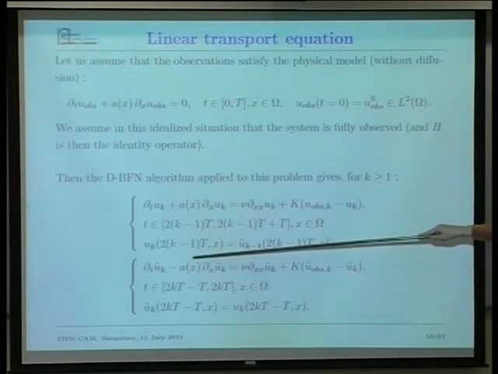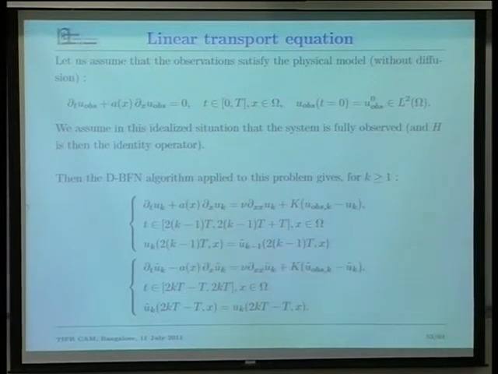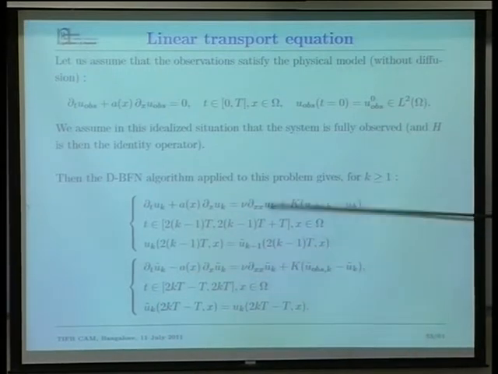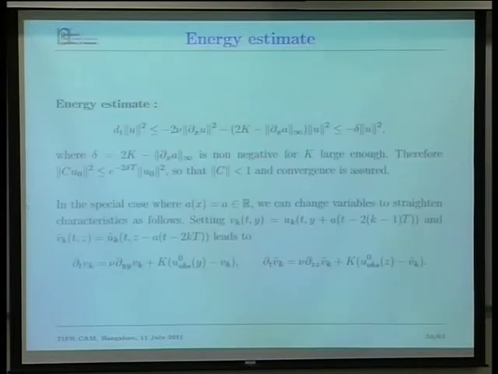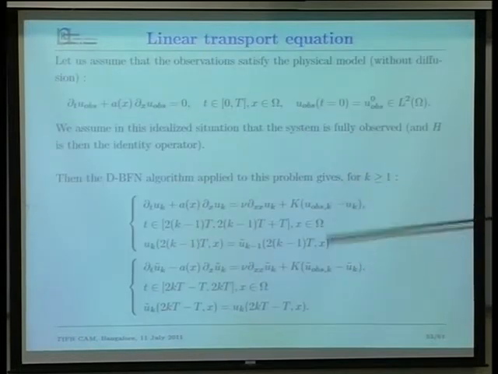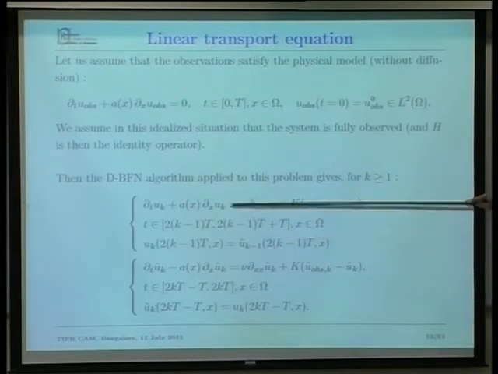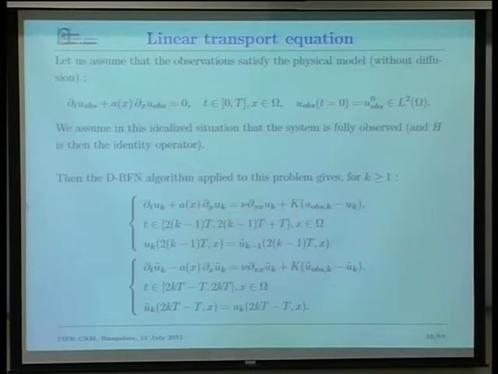So we reverse the model, it's minus A, the backward model, and we still have diffusion and feedback to the observations. And we use the same feedback to the observations. So the only difference between the forward and backward resolution is that simply you change the sign of the transport function.